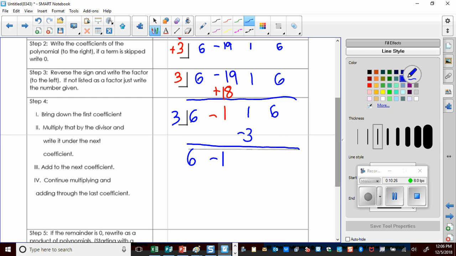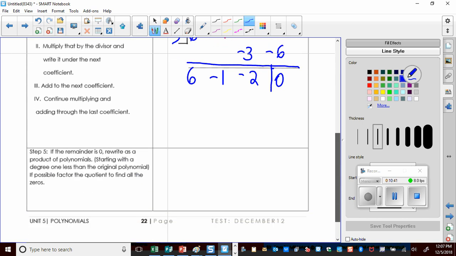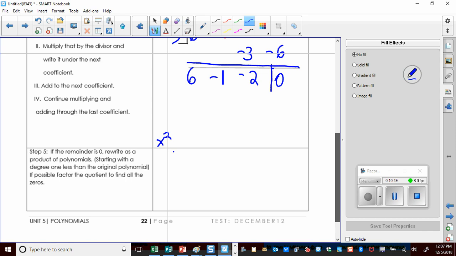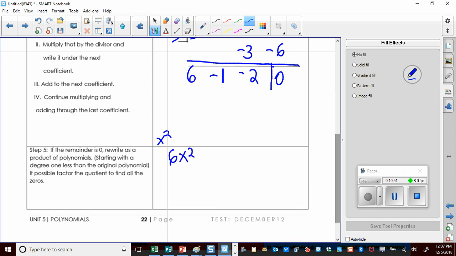I get -2 down here, right? -2 times 3 is -6, and I get 0. As long as this last number is 0, then I don't have a remainder. So I can rewrite this using the next to the 1 less degree that I start with. So 1 less degree would be x squared. That means I have 6x squared minus 1x minus 2. And that's my final answer.